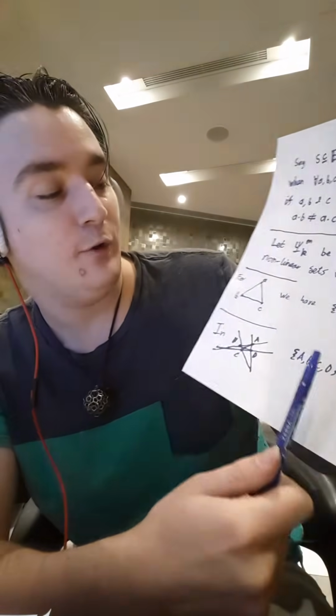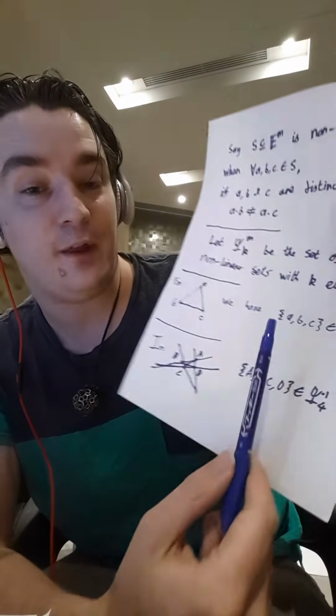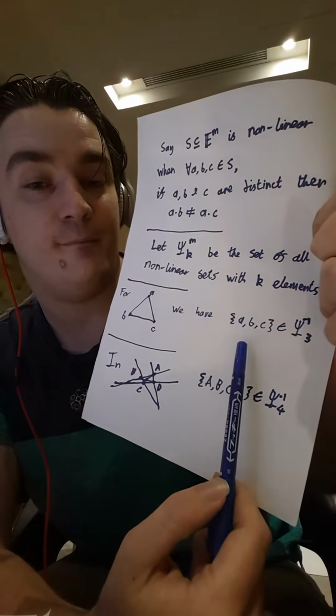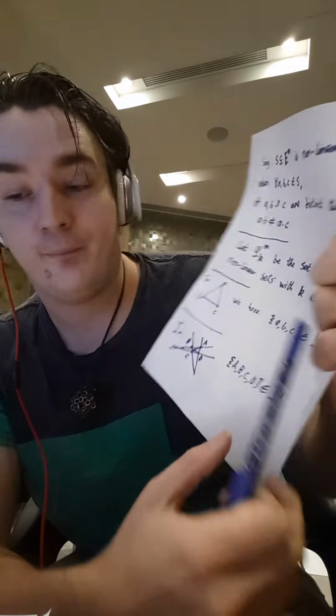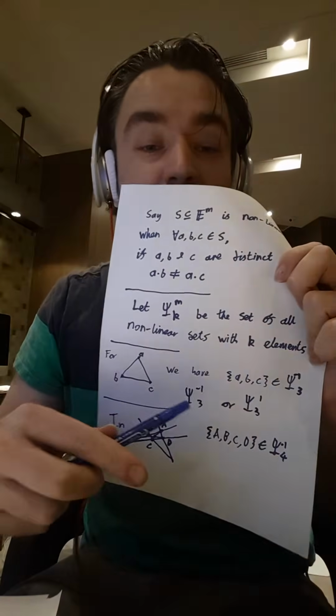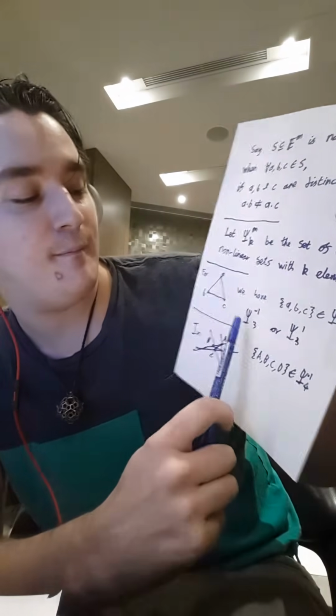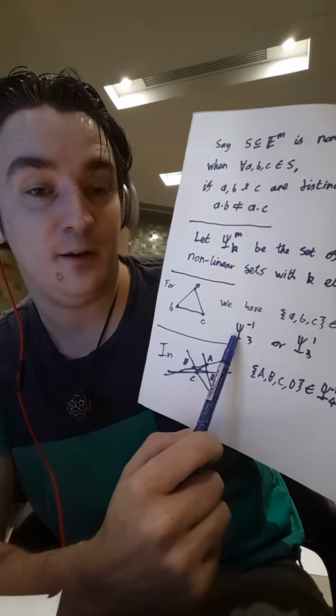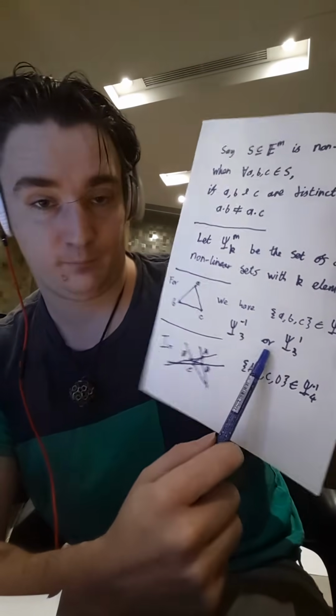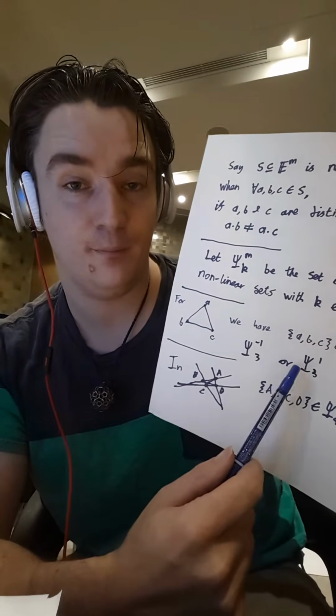Similarly here, and also, by the way, since a triangle is a self-dual object, the set of all triangles can be written as this or this. These are basically collections of nonlinear sets, and I'm saying that they're actually collections of triangles.